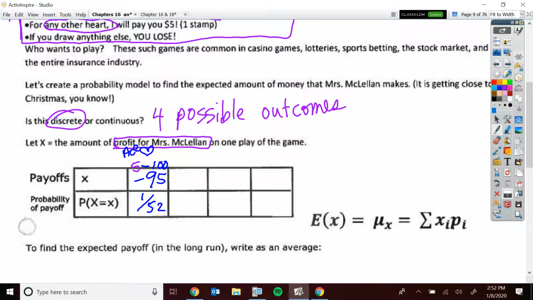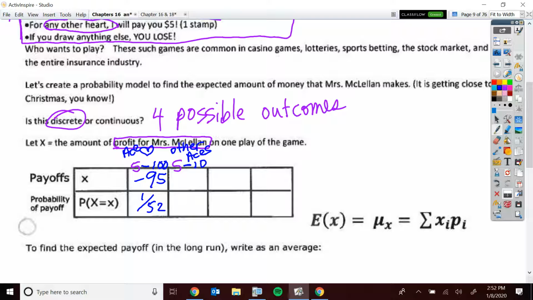Let's see. What else could happen? You pay me $5 to play, and what's the next thing that could occur? We get 10 back. You get one of the other aces. If you get one of the other aces, I pay you $10 back.